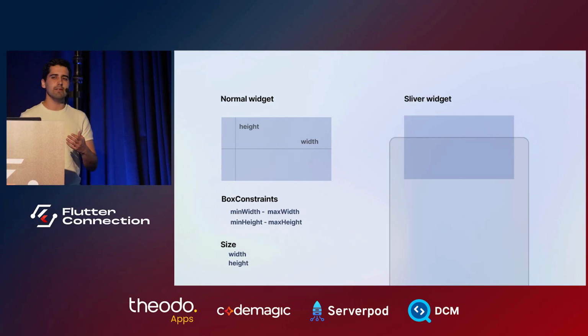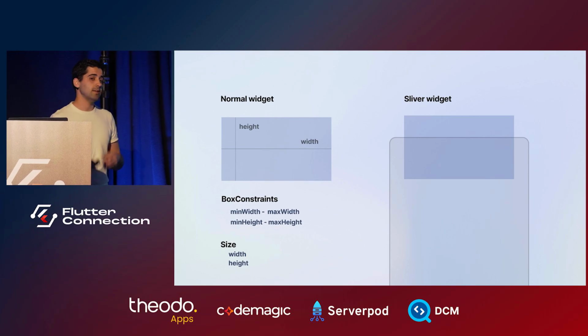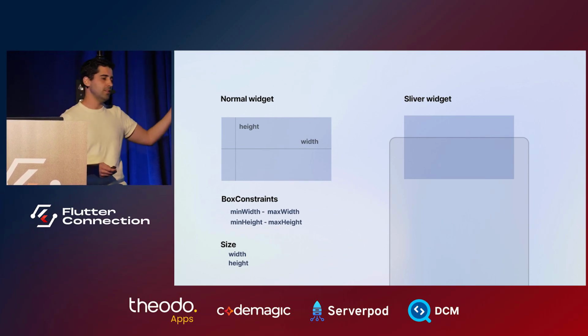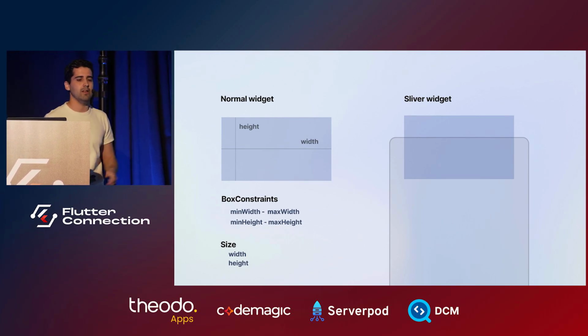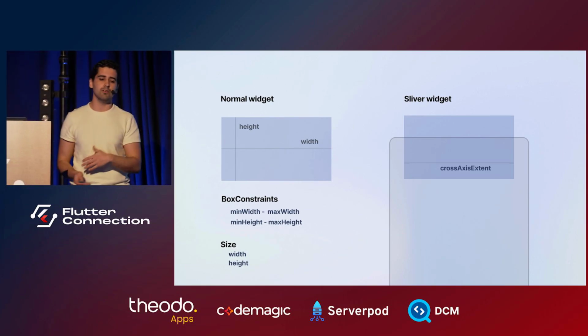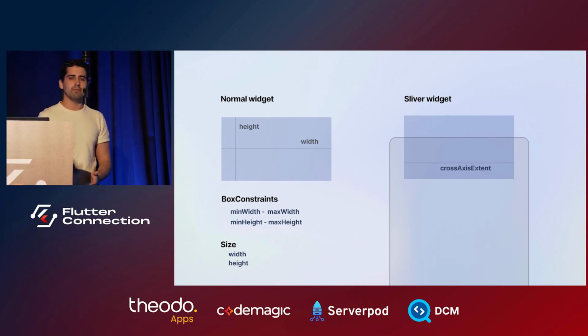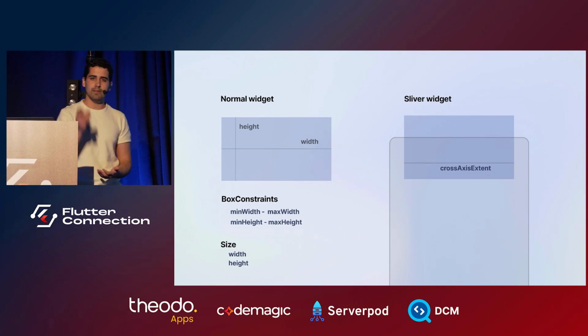For slivers, it's a bit more complicated because it adds an extra variable. It tells how much you want to be displayed on the screen and how much is hidden below the screen. Very similar, we have our width, which is going to be the cross-axis extent because, as we know, scrolling can be vertical and horizontal. Right now, we are going to always focus in this talk on vertical experiences.